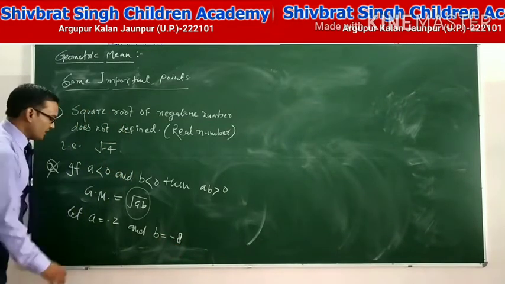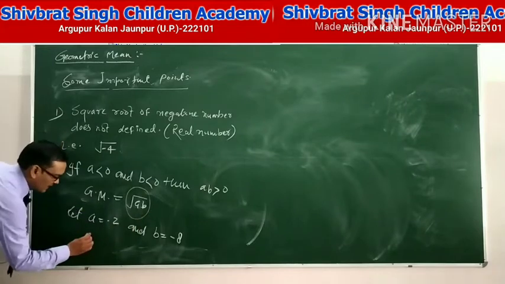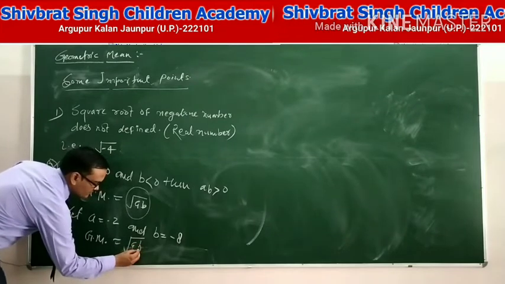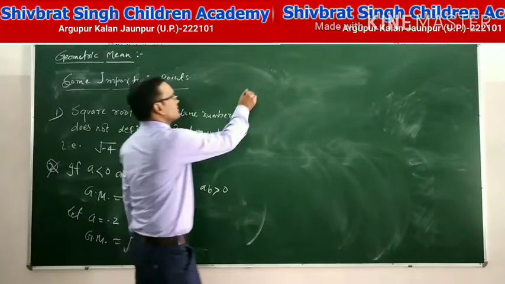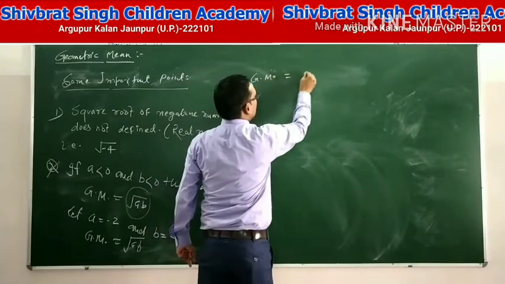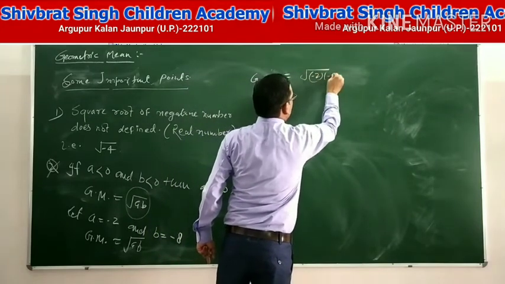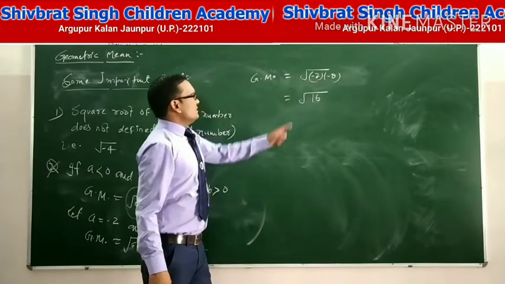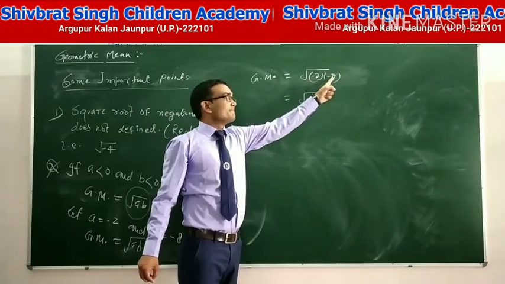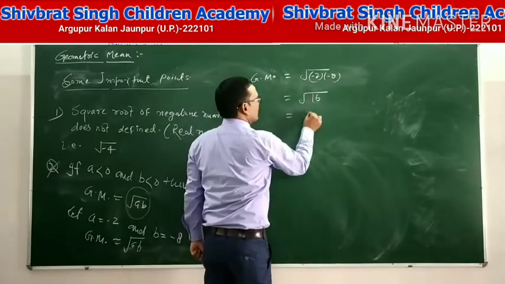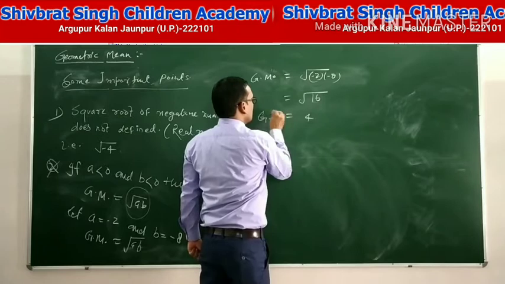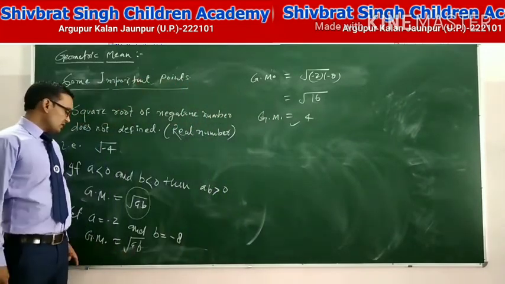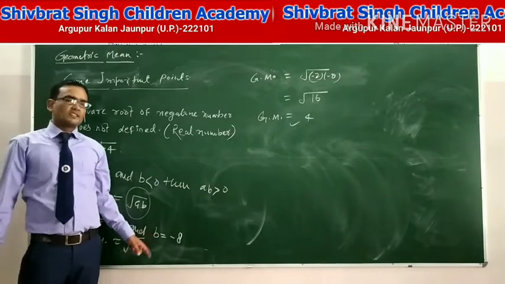Then the geometric mean of minus 2 and minus 8 is equal to square root AB. That means the geometric mean is equal to the square root of minus 2 multiplied by minus 8, which gives the square root of 16, which gives the value 4. You can say that the geometric mean of minus 2 and minus 8 is 4.